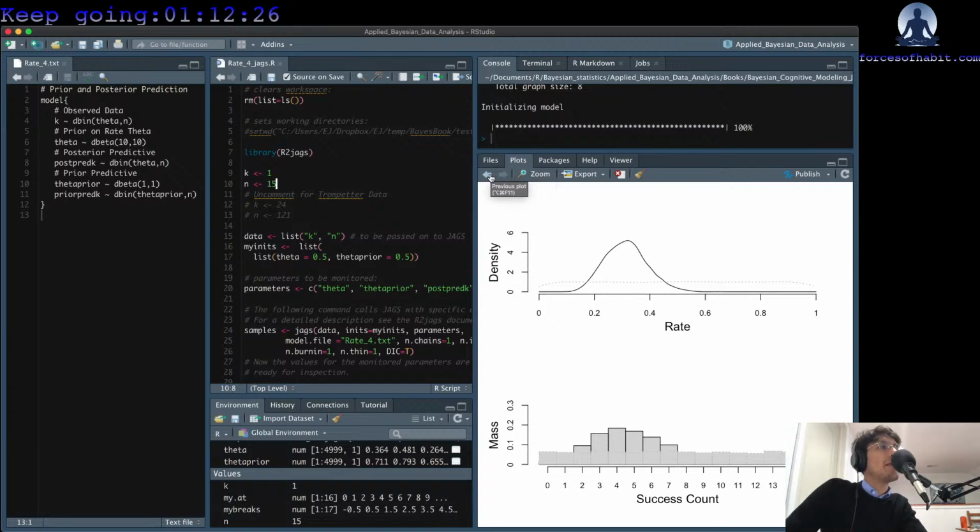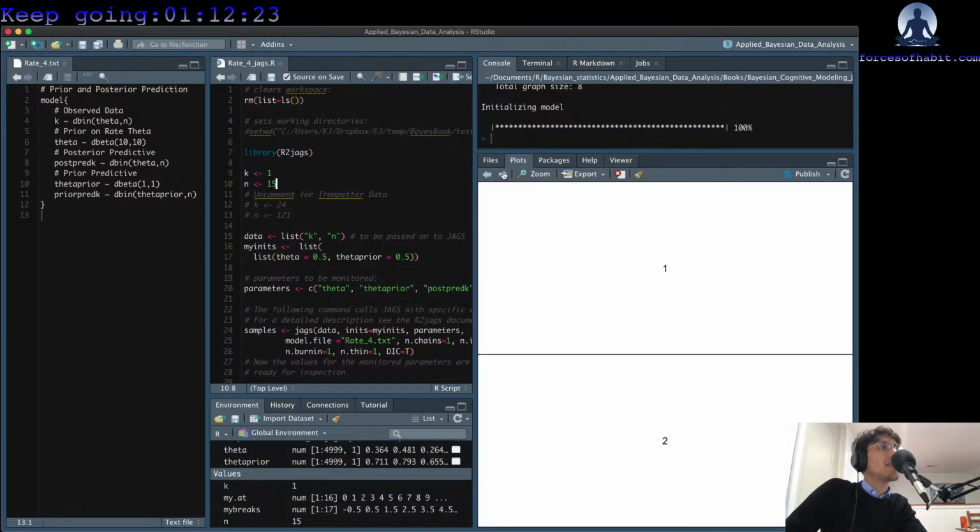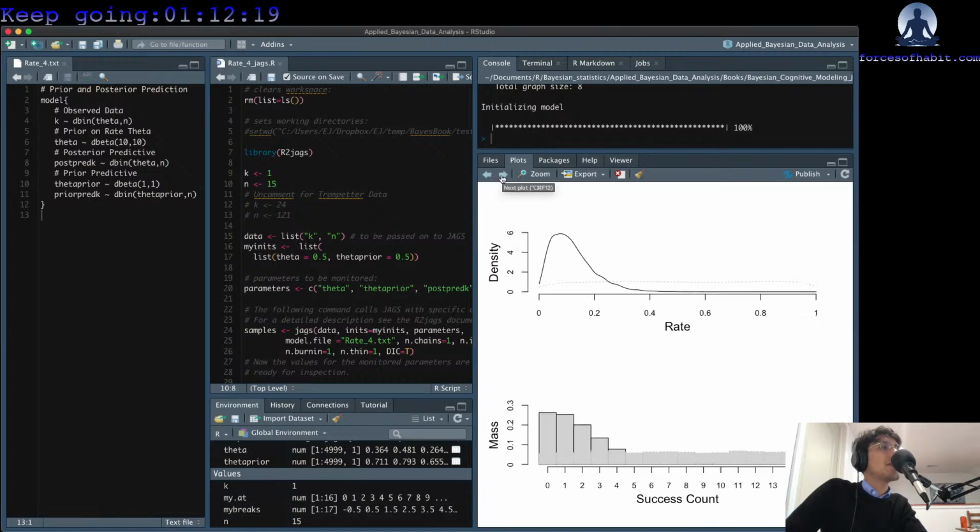The neat part about doing it this way, I found, is that I can look at the previous plot. So this is what we saw with priors 1, 1. And this is what we see with priors 10, 10.